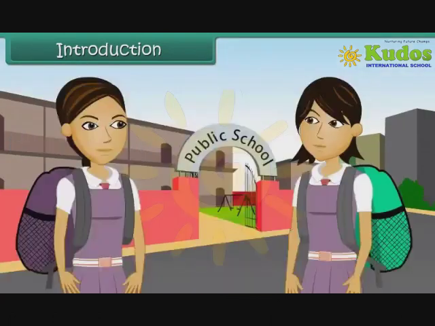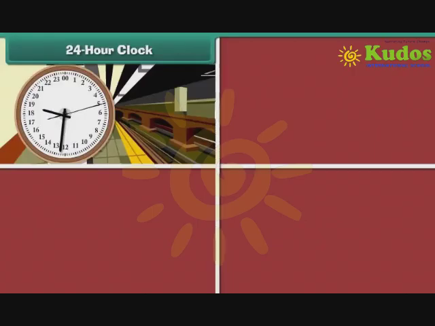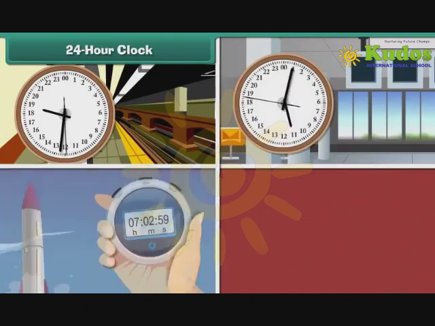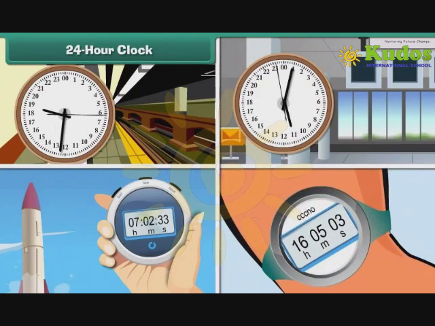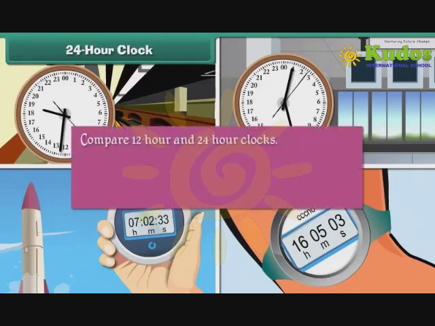Yes, Latika. In this lesson, you will learn about time. 24-hour clock. The 24-hour clock is commonly used to specify the time of train and plane departures, take-off time of space shuttles, time of attack by the armed forces, etc. In order to understand it better, let us compare 12-hour and 24-hour clocks.